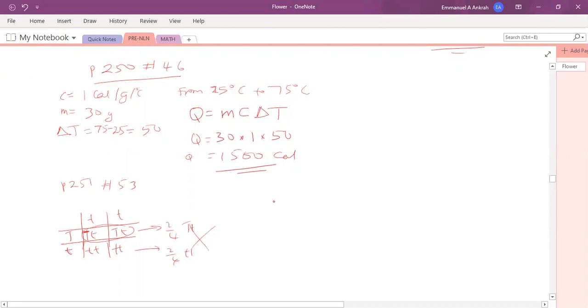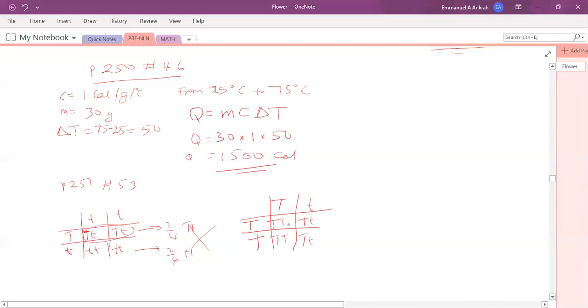So let's try C, as we said. If we try C, you have uppercase T and then lowercase t. So this will be Tt, Tt, and then this will be TT.